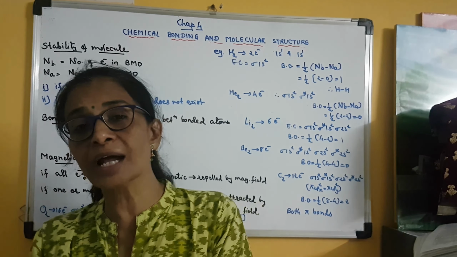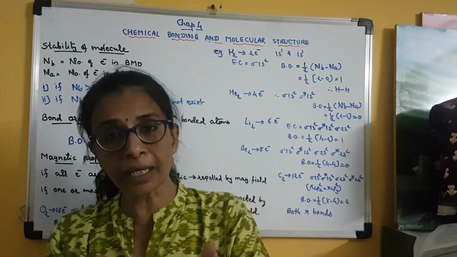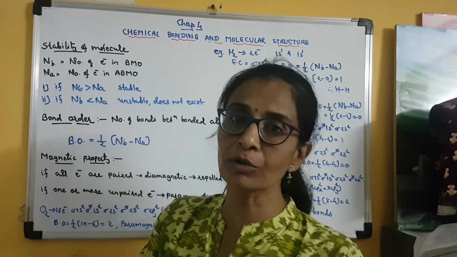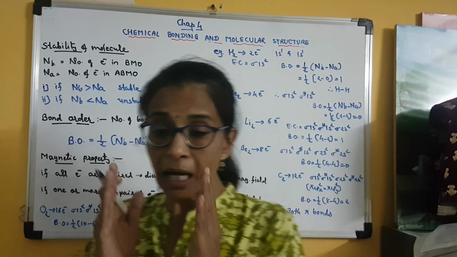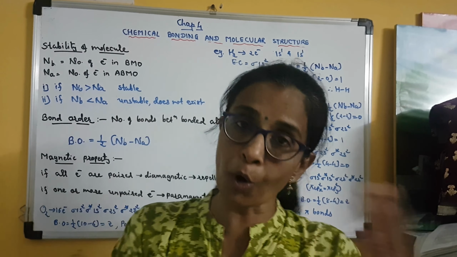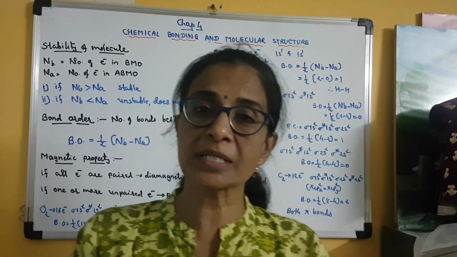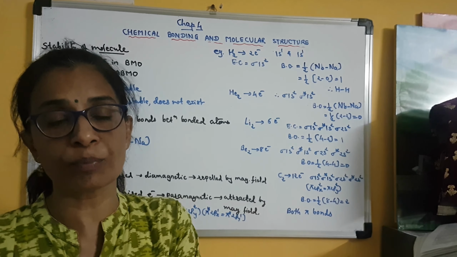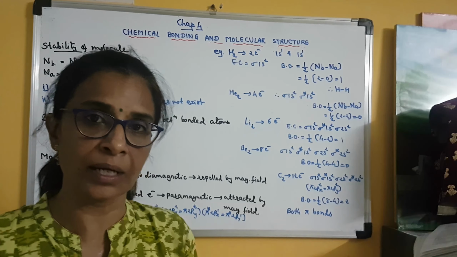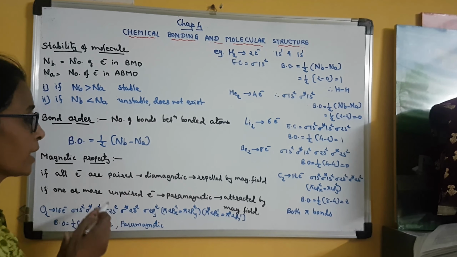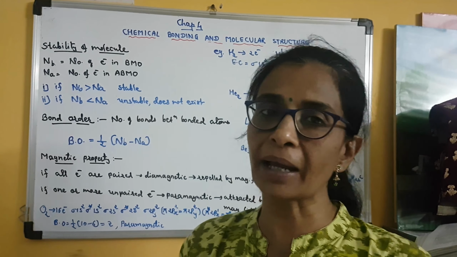Now how to decide whether the substance is paramagnetic or diamagnetic? For that again we will go for the molecular electron configuration. Clear? If all electrons present in both bonding as well as anti-bonding orbitals are paired, means two electrons in each orbital, then they are called paired electrons, and the substance, molecule or compound will be diamagnetic.